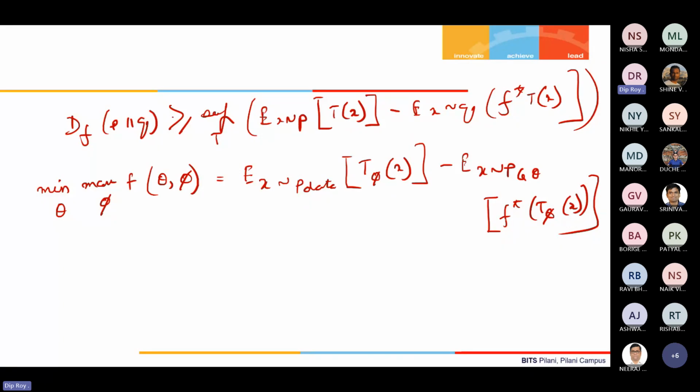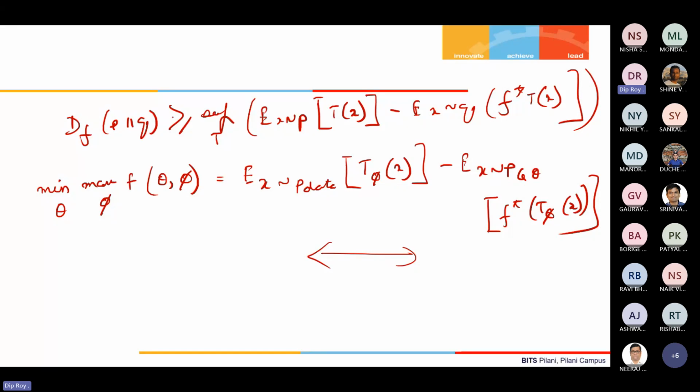All right. So your original min max function has been converted into a more generalized form, which is this, and which does not involve anything related to the ratio of p theta by p data, or p data by p theta.